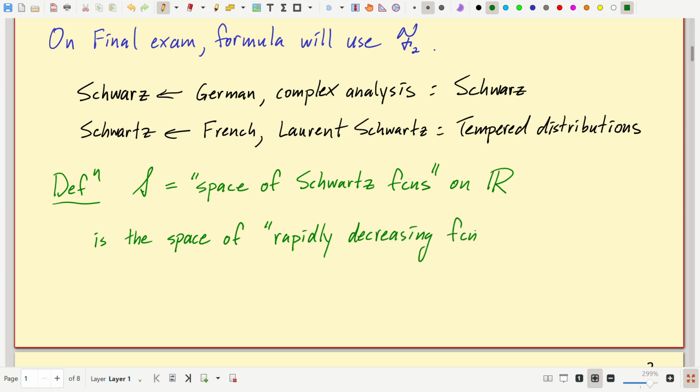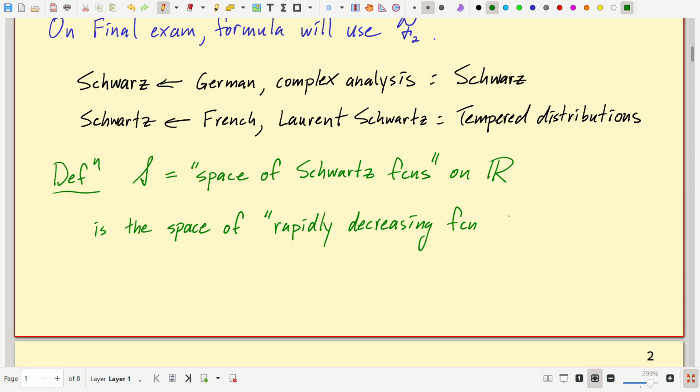They decrease so rapidly at infinity that you can basically do anything you want with them when you're integrating. You can differentiate under the integral sign, you can multiply them by things like polynomials, and still integrate them. So they're the rapidly decreasing functions at infinity.